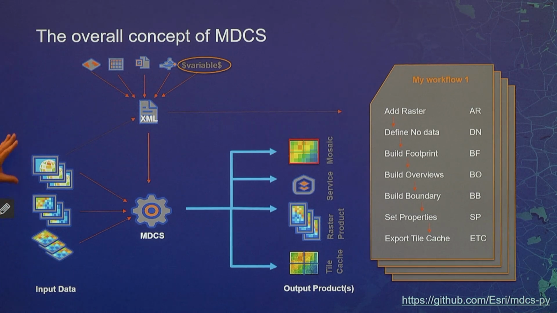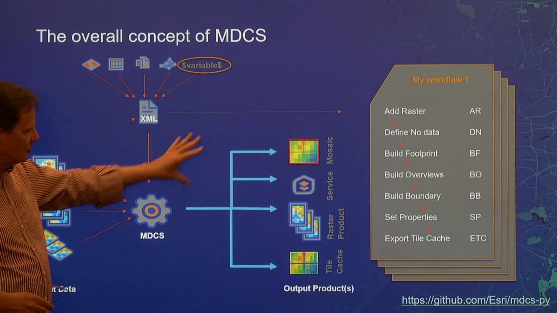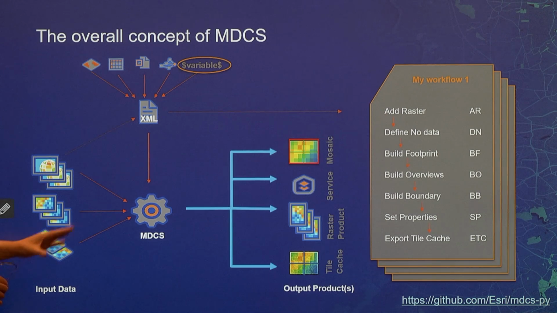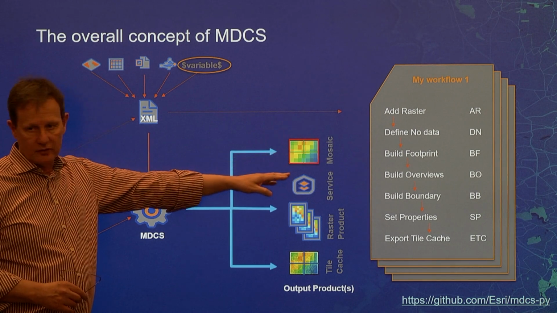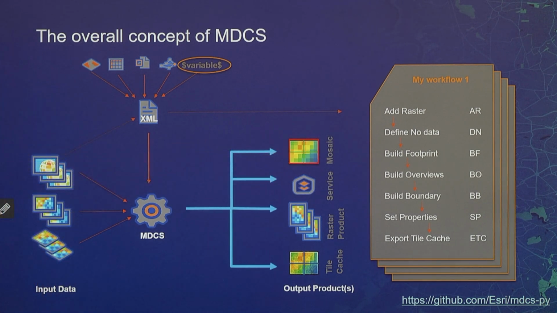And in these XML files, it's somehow defined how different incoming datasets will be processed to create whatever out of it. Very often, this is a process that updates Mosaic datasets and then updates services based on them, for example. It's a very common thing to try to automate.